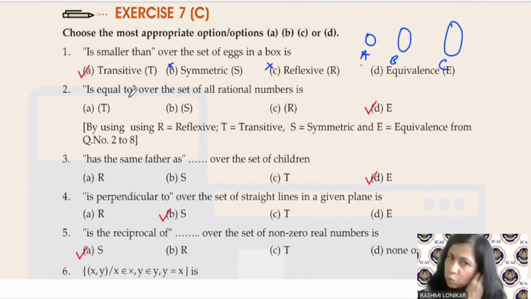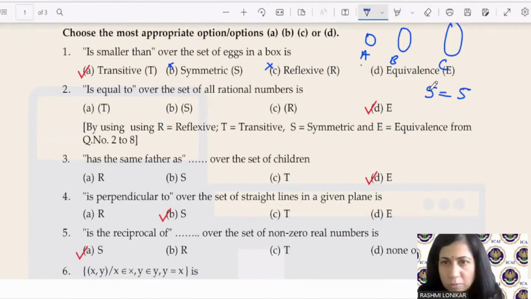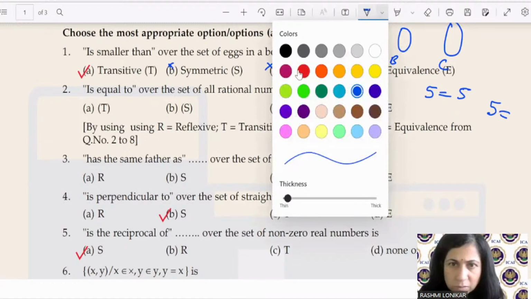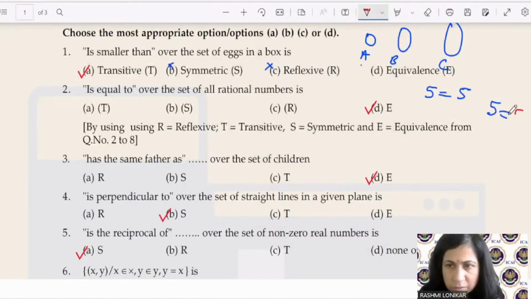'Is equal to' is an equivalence. When I'm saying 5 is equal to 5, is 5 equal to 5? Yes. So it is reflexive. If this 5 is equal to this 5, does it mean this 5 is equal to this 5? Yes, it does. Let me show it. Is the blue 5 equal to itself?